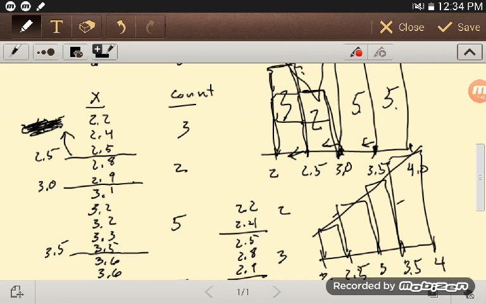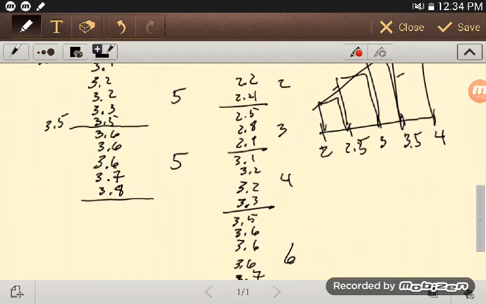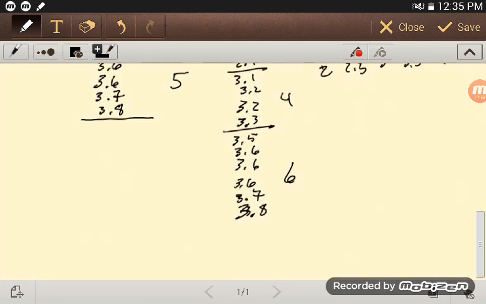Probably what I would do is if I had discrete data in bins, say it was going from 0 to 5, and then the next numbers were 6 to 10 or something like that, I would probably draw my stuff like this.